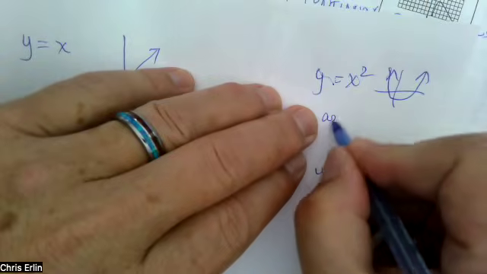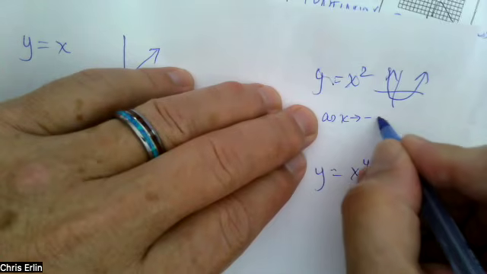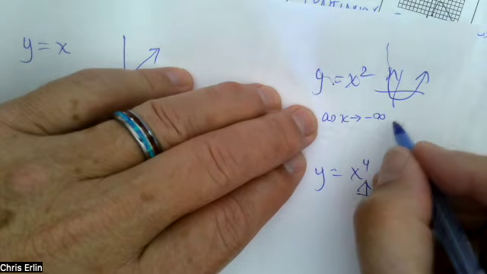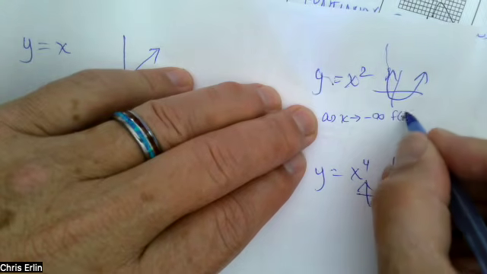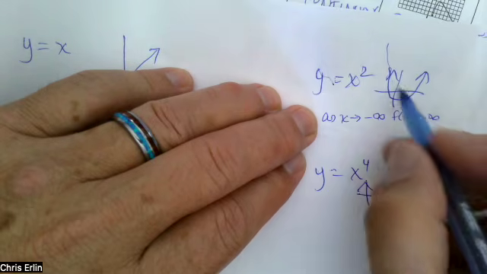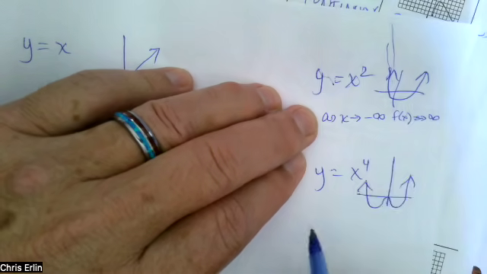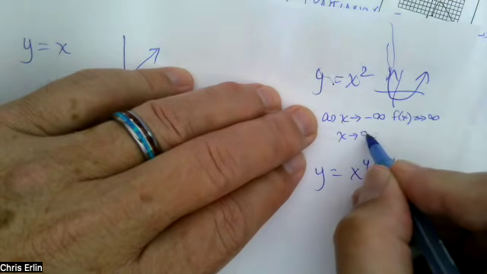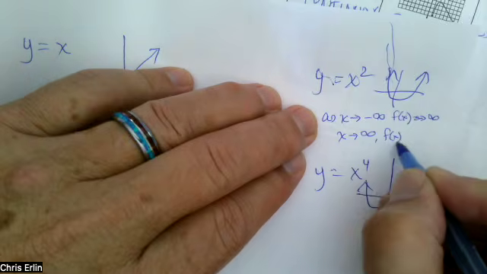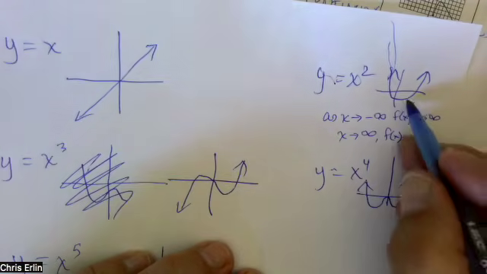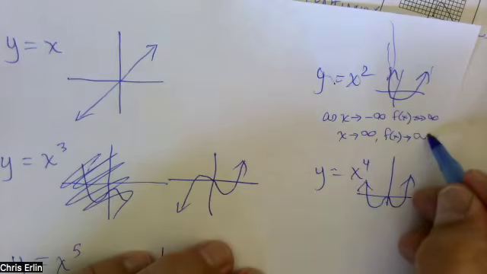So we'd say, as x approaches negative infinity, in other words, we're looking at this left-hand side, f of x, the y value, approaches positive infinity. When we go to the left here, it goes up. As x approaches positive infinity, f of x approaches what? Also positive infinity.